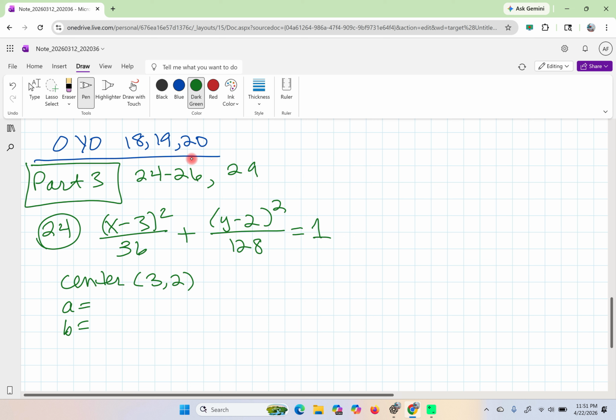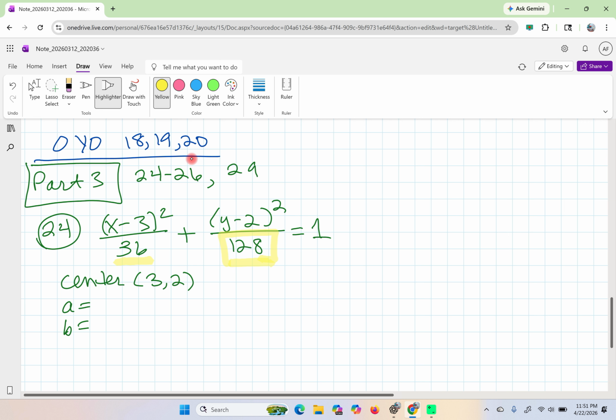And we need an A value and a B value in order to graph it. So, which one is A and which one is B? Our bottom value, this is a square. One of these is the square of A, and one of these is the square of B. And we know that A is always our longer value, right? So it's literally just about looking at the bottom numbers and which one is bigger.